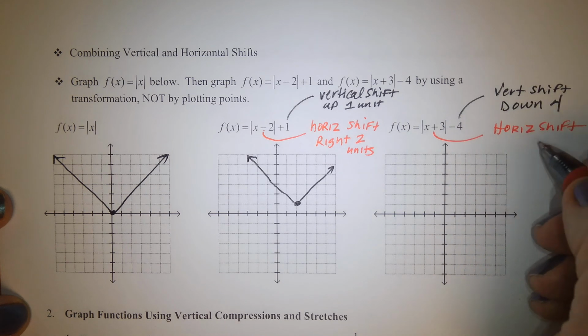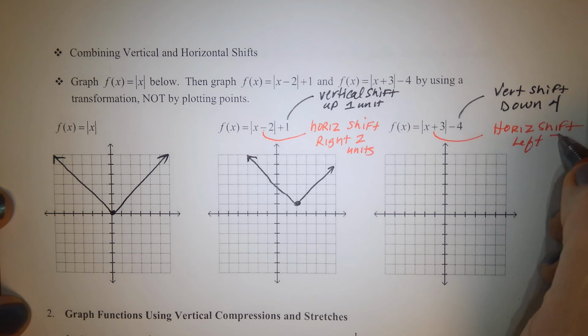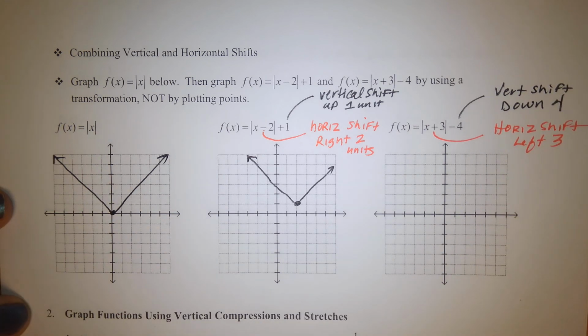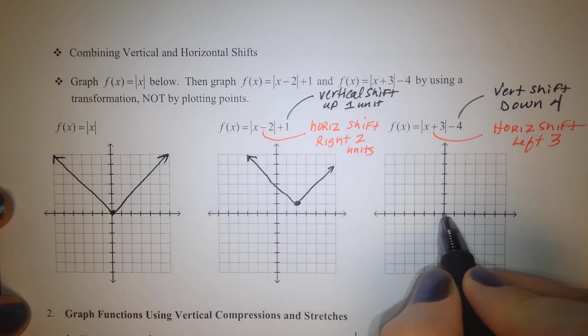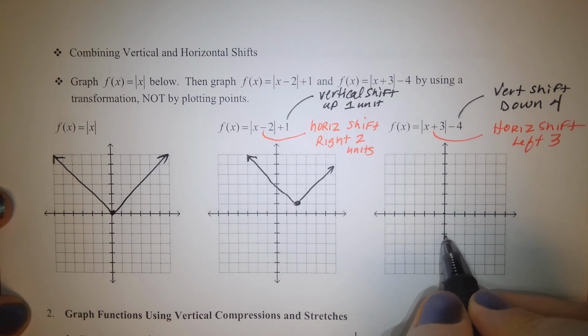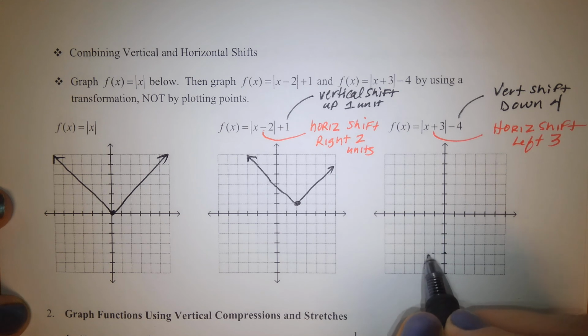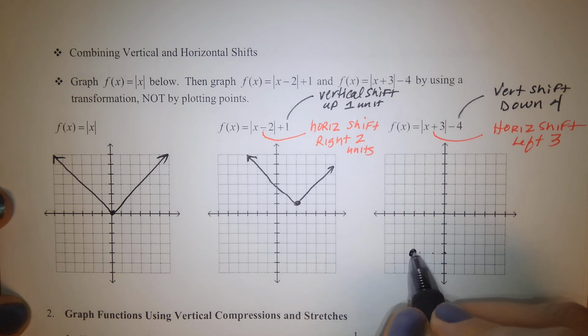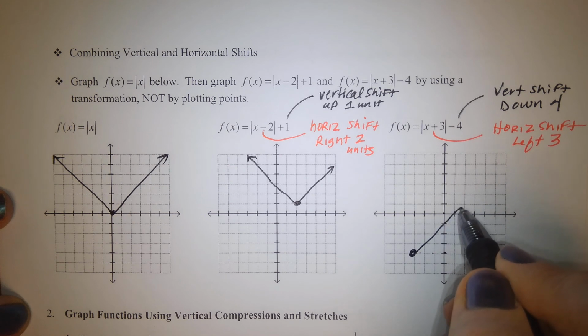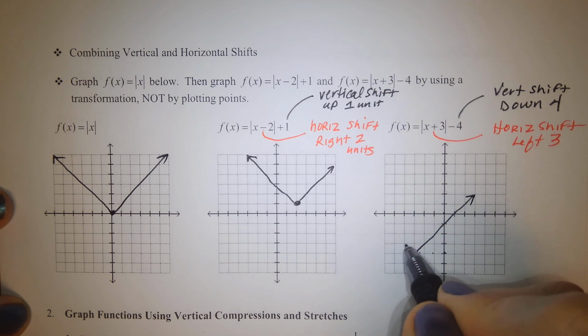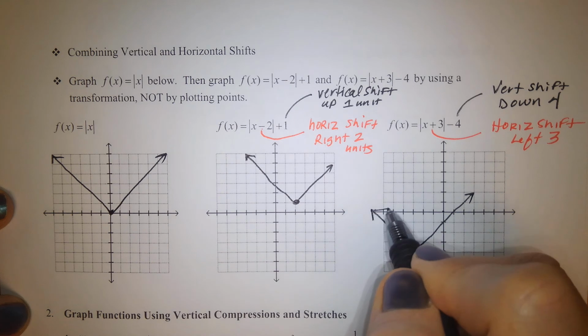Since it is positive, that will actually move it left 3 units. So my vertex that used to be at the origin is now going to be located down 4 units and left 3 units. So here is my new vertex. Then I draw my V from there.